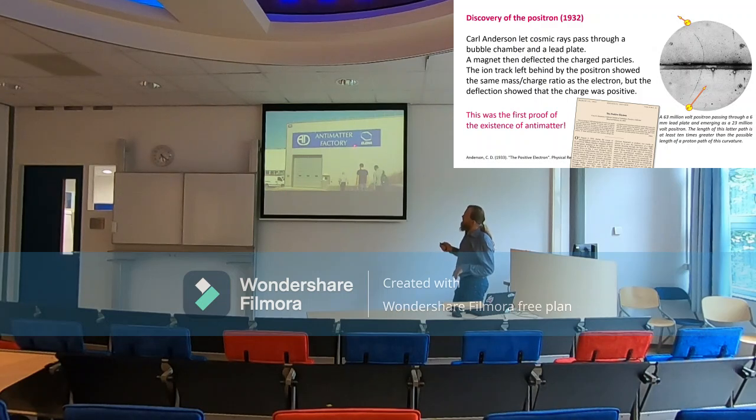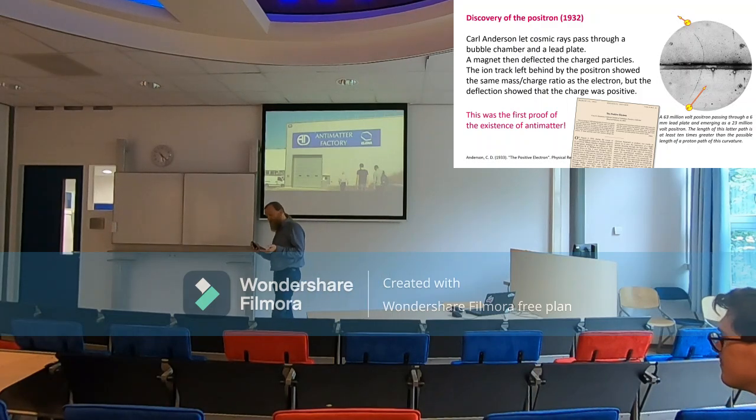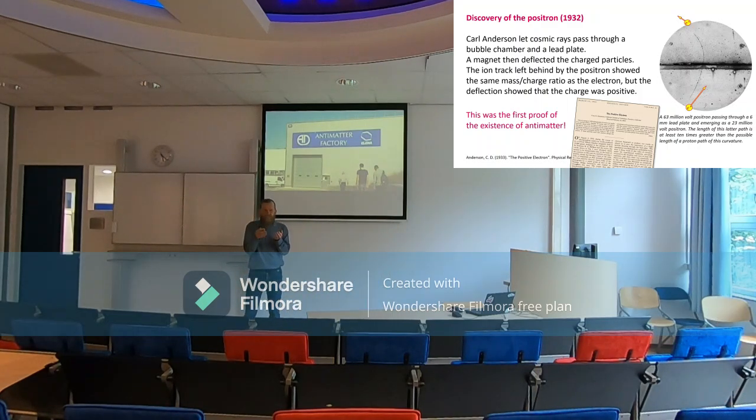This is the antimatter factory at CERN in Geneva. And they do research on antimatter. They even created anti-hydrogen, with an anti-proton, and an anti-electron. So this is anti-hydrogen, and they do research on that, and they even look at whether these anti-particles interact differently with gravity.